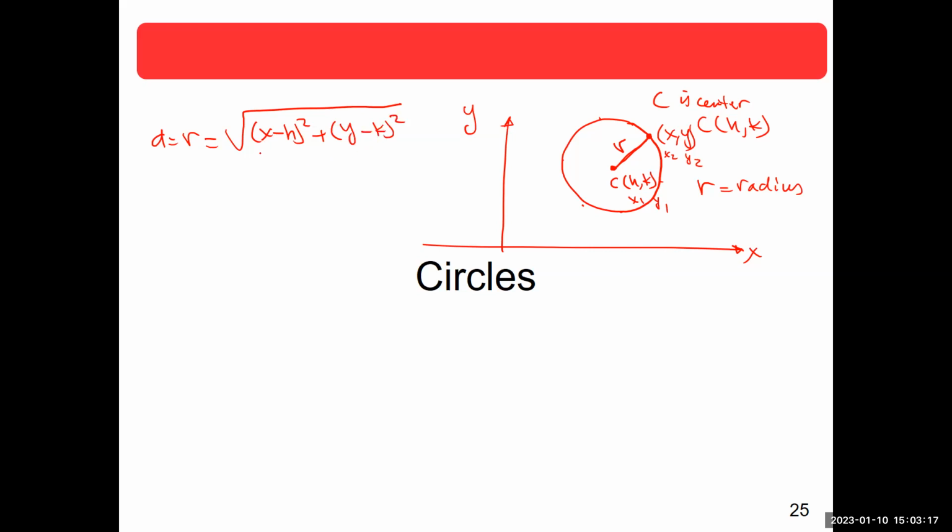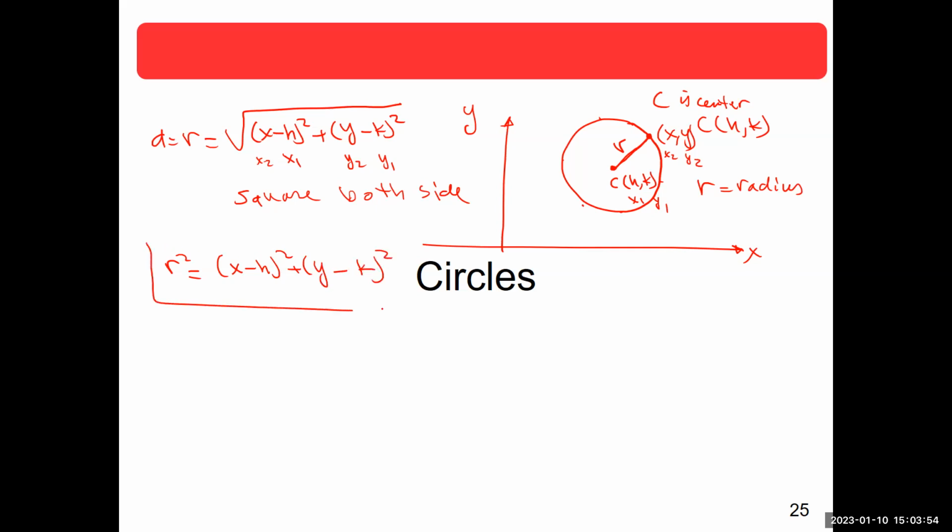Now square both sides. We're going to get R square equals X minus H square plus Y minus K square.